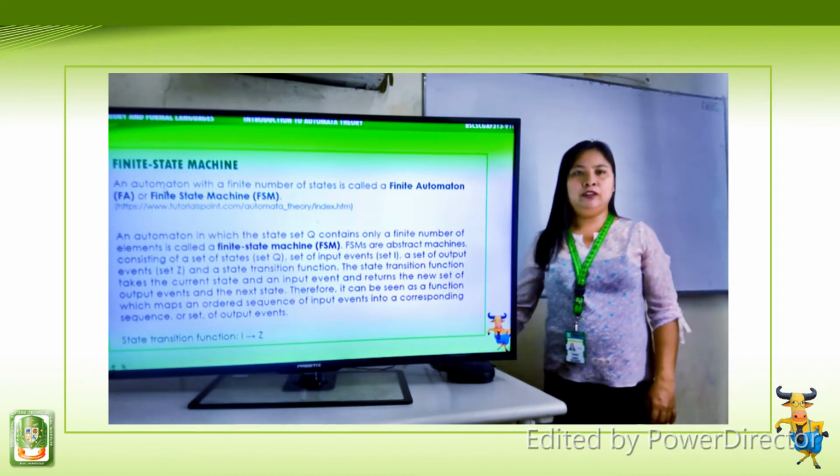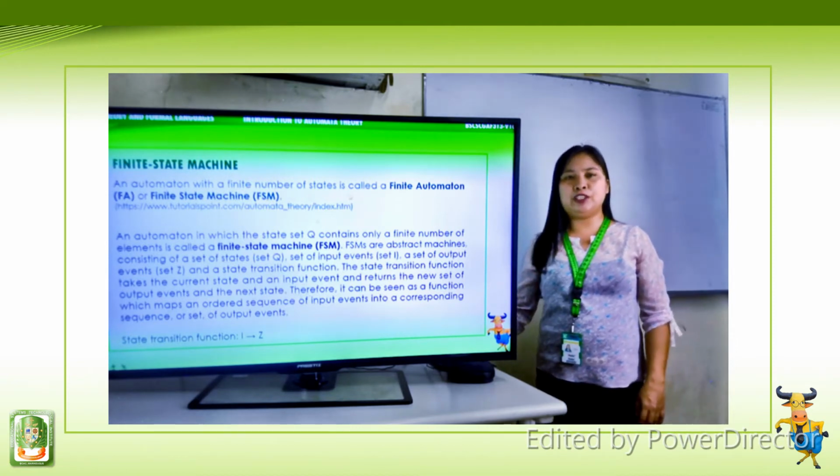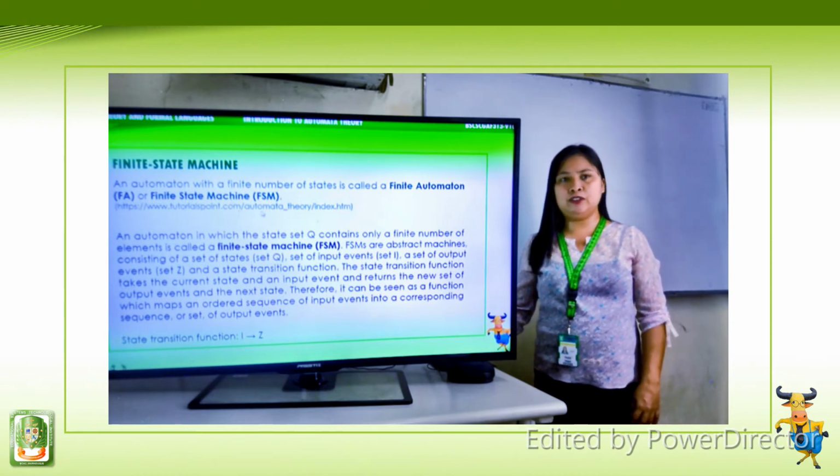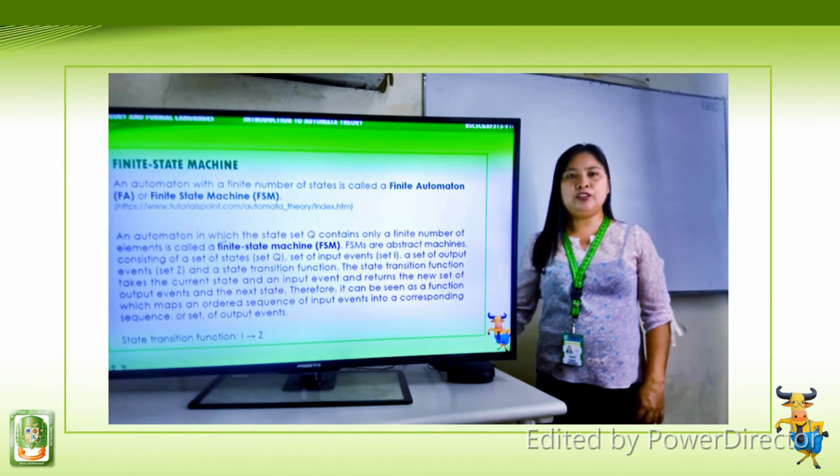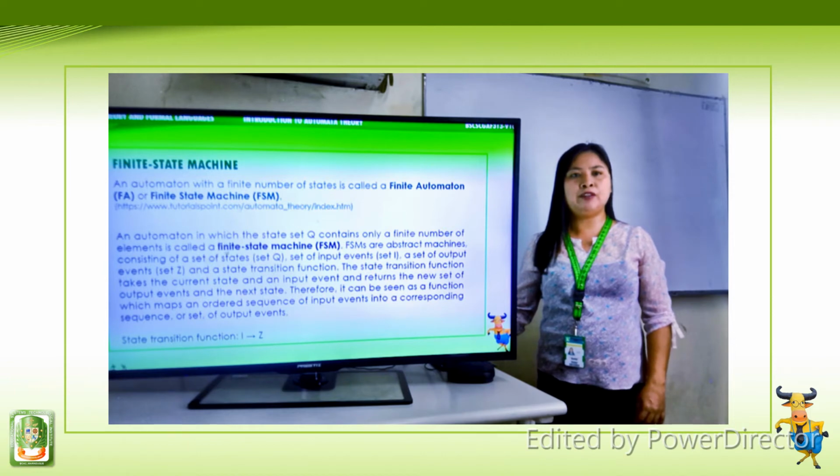An automaton with a finite number of states is called finite automaton or finite state machine. An automaton in which the state set Q contains only a finite number of elements is called a finite state machine.